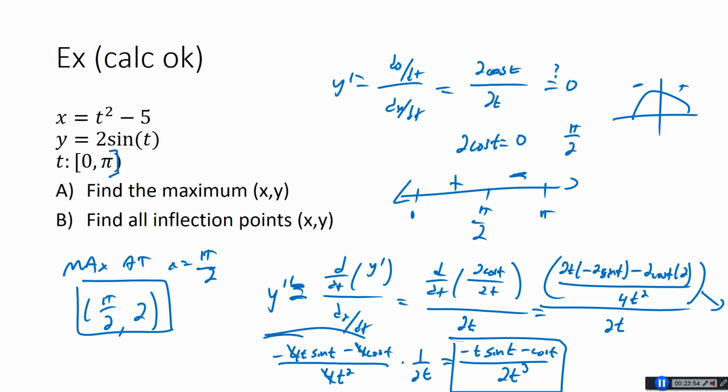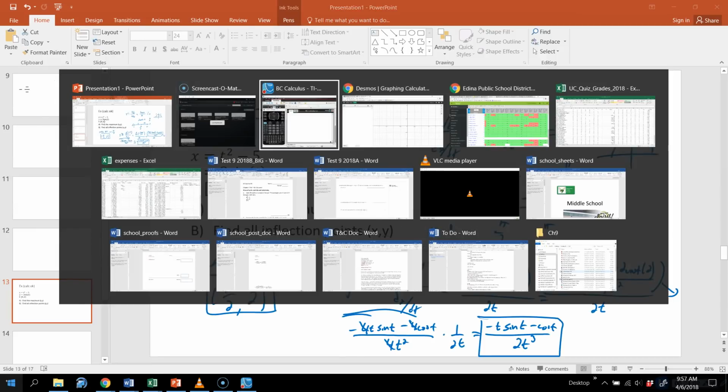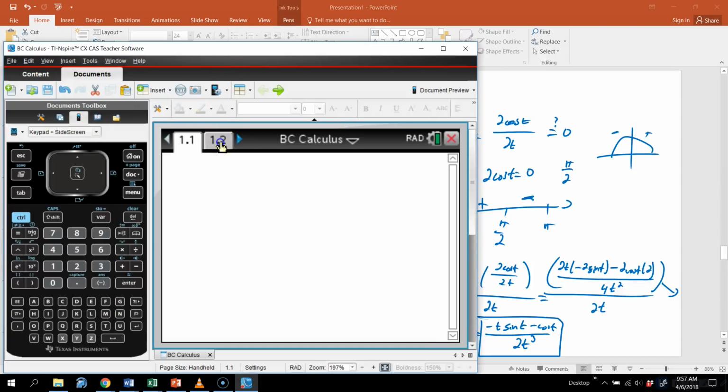So we should probably find out when that thing is 0, from 0 to pi. So we have our number line here, 0 to pi. I have to figure out when that thing is 0 and see if it changes sign. So I'm just going to graph that on my calculator. Okay, there we are. Let me go to my graph.